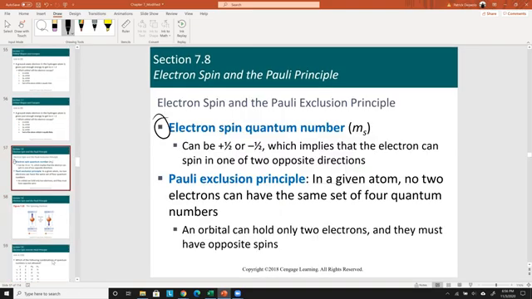Okay, so we talked about this already. Now, the Pauli exclusion principle. We kind of already alluded to this: no two electrons in the same element can have the same set of all four quantum numbers.